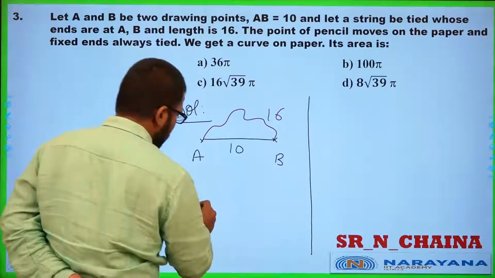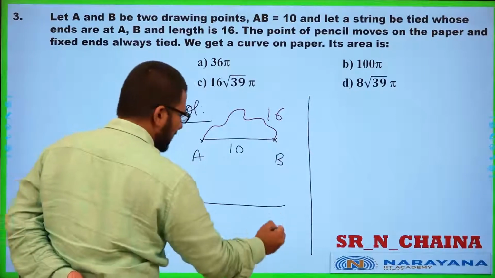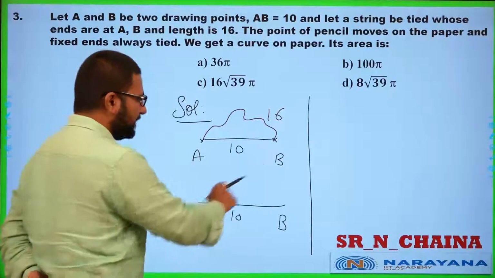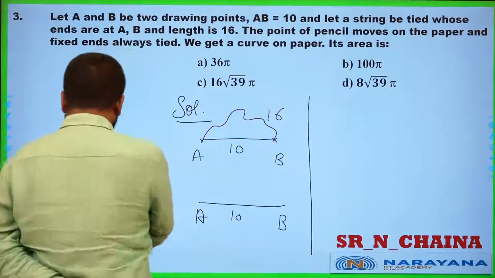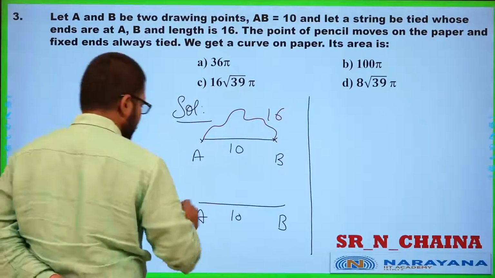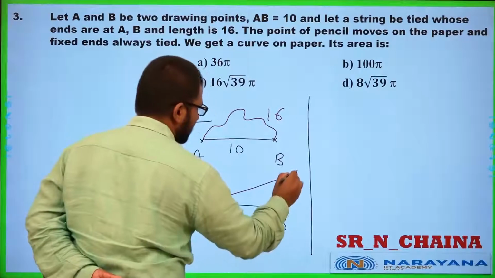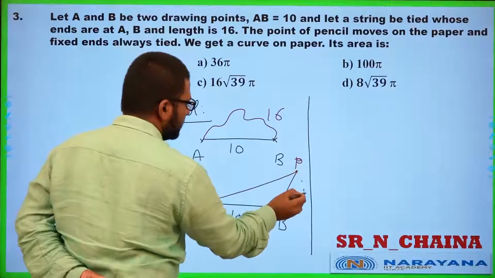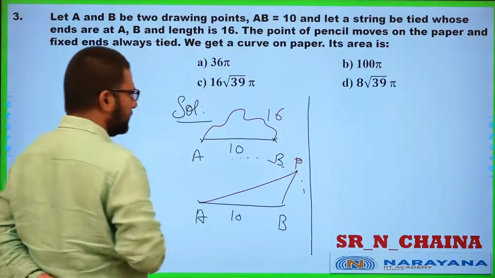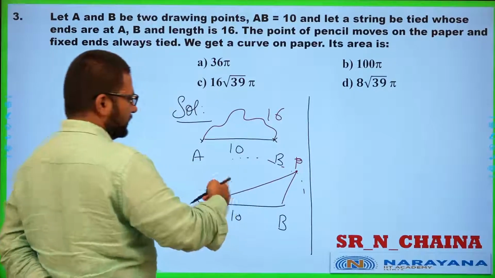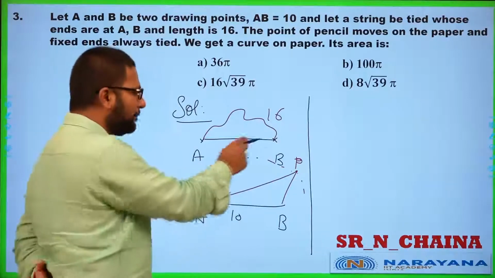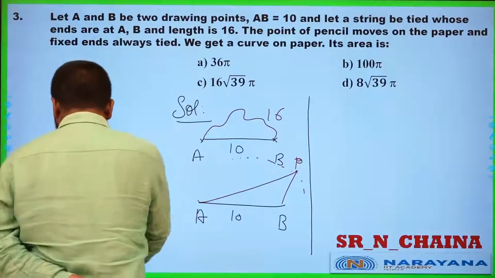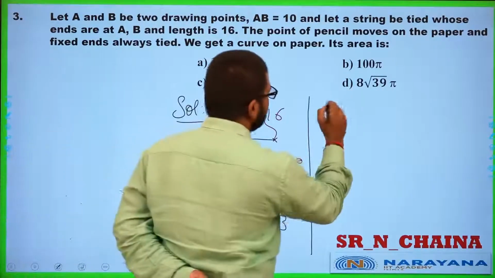Which means what happens when I make the string tight? Can you see that we will get a triangle, right? So let us take this moving point as P, where P is movable, and can you see P is moving such that PA plus PB will always be the length of the string, which is 16, right? So let us make a note of that.